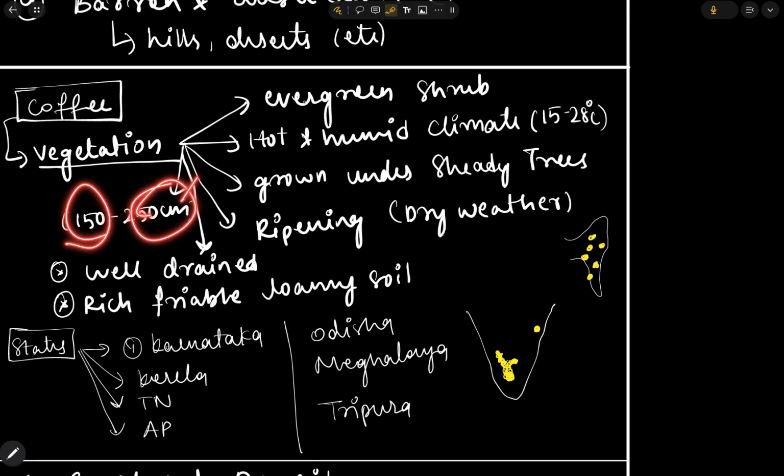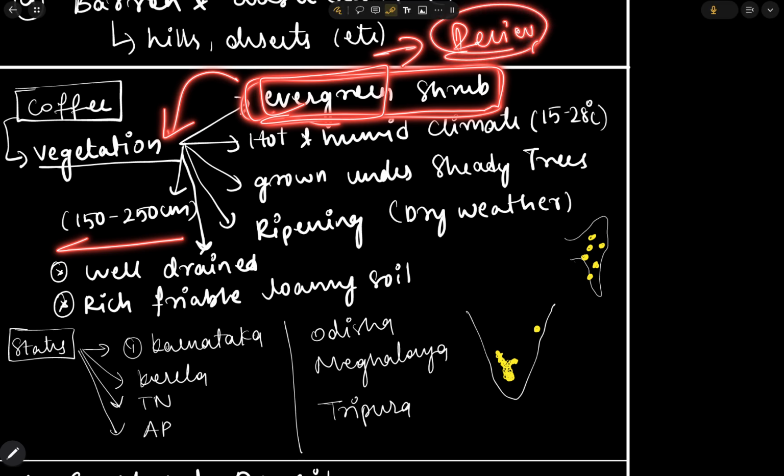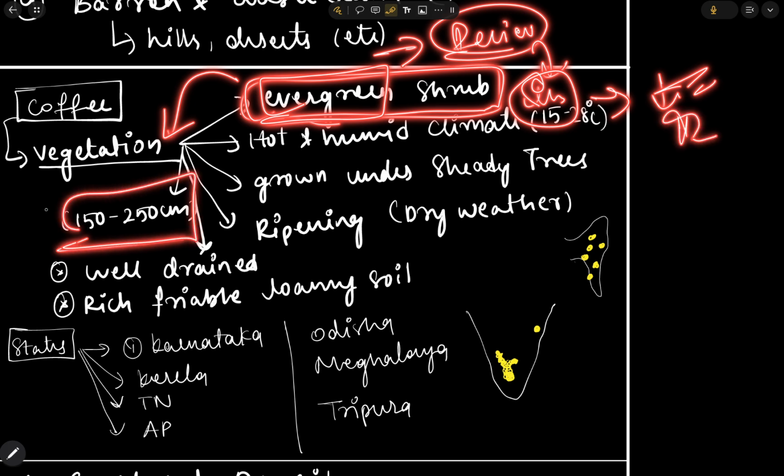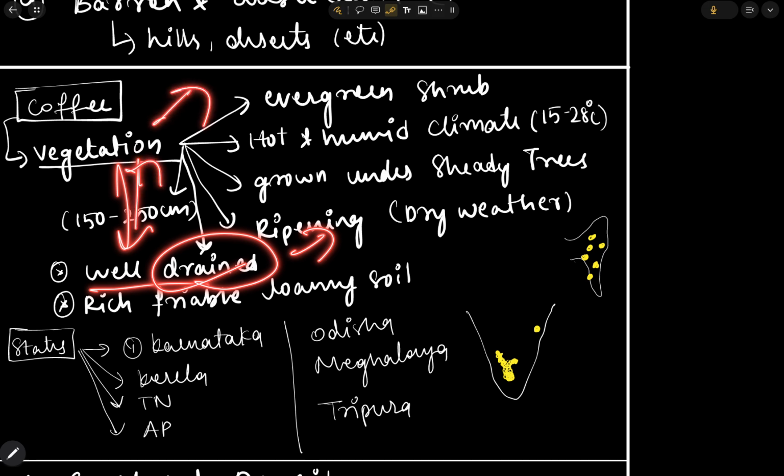That is huge. And if you cover the biomes topic, you may expect that evergreen forest will only occur in areas where there is high rainfall. So it requires 150 to 250 centimeters of rainfall. It needs to be well drained, which means it requires a lot of water.